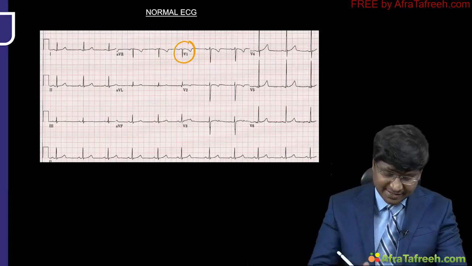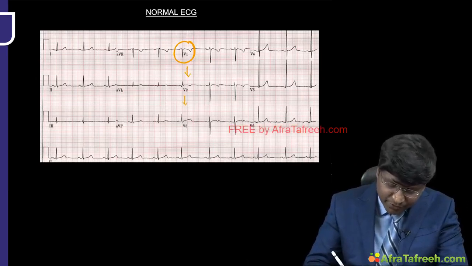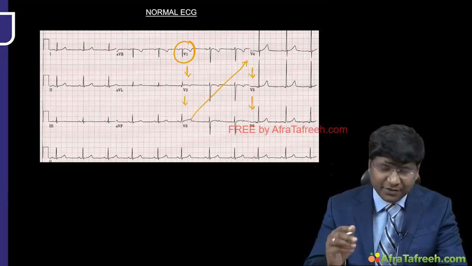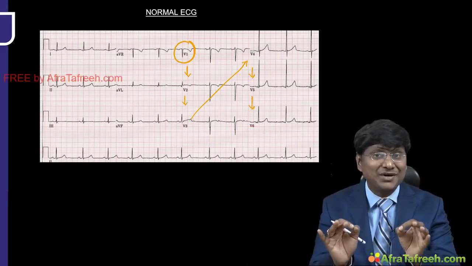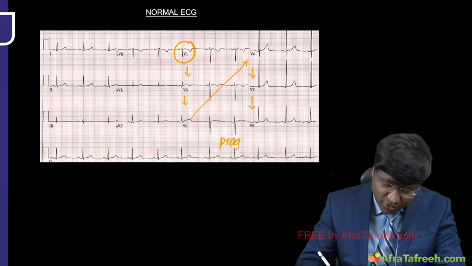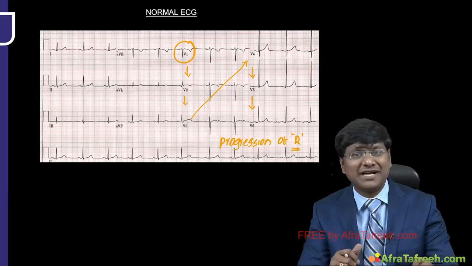Second important abnormality: if you move from V1 to V2, V2 to V3, V3 to V4, V4 to V5 and V5 to V6, what are you observing? You are observing the progression of the R wave.